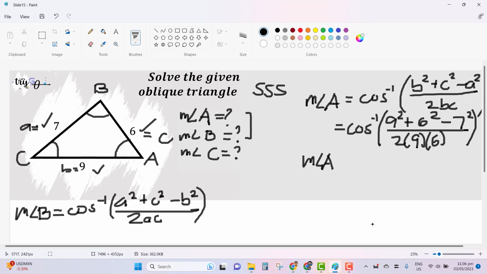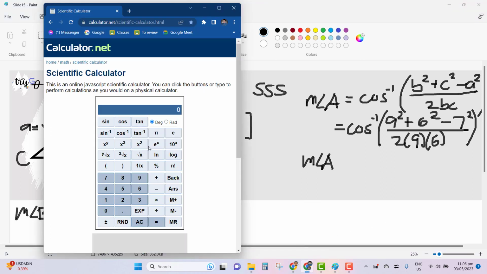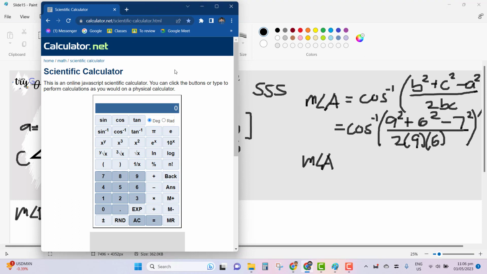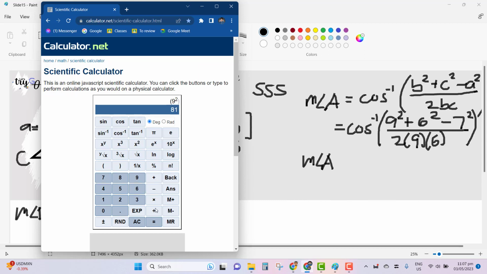Let us use this online calculator I found, and let's try to input first the numerator before the denominator. Later, we will just be applying the cosine inverse. But to do that, again, you just need to use parentheses to differentiate the numerator and denominator. I have 9 squared plus 6 squared less 7 squared, and close it. Divide by another parenthesis, 2 by 9 by 6.